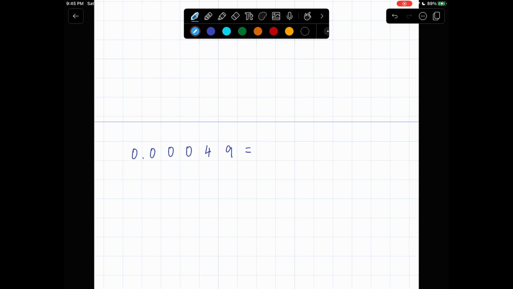So I would just bring the point 1, 2, 3, 4 till I get to the point where there is one non-zero number on the left, and I will stop right there. Here we have 4, which is a non-zero number, and we're going to put 4.9.